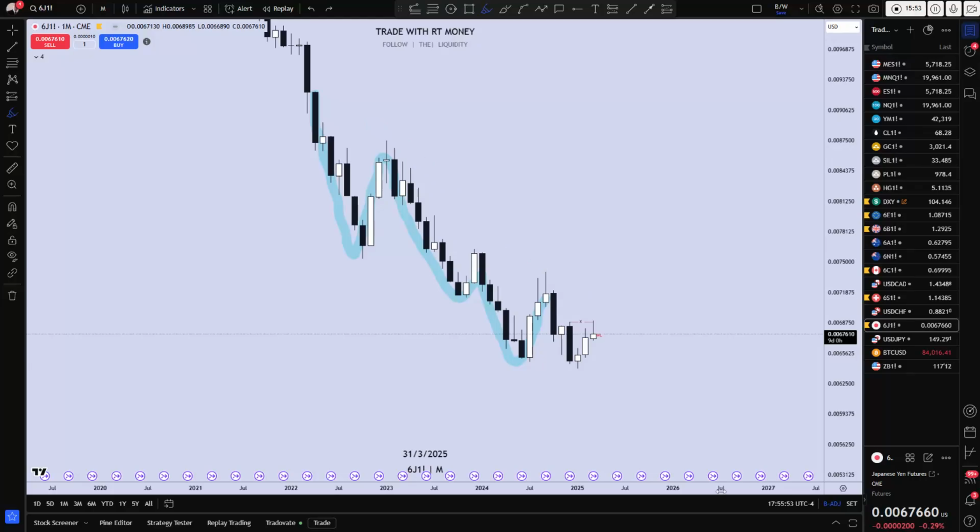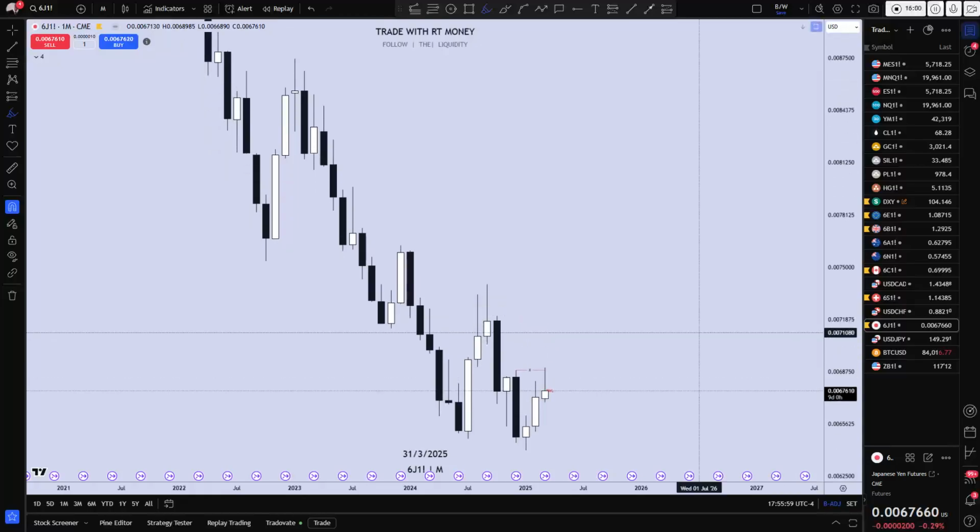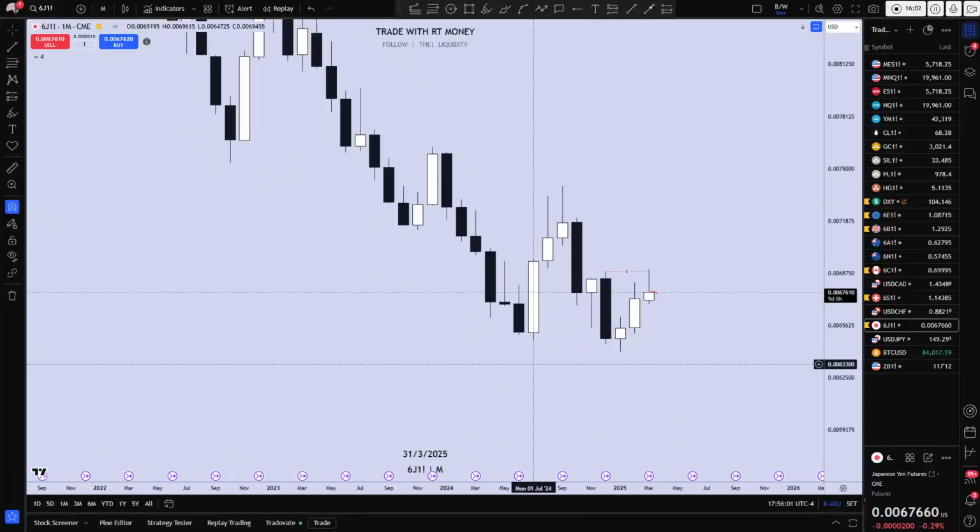You know that the BOJ has been solidifying their economy over there, and they raise interest rates, and they are trying to bring the value up. Also, there's the safe haven that everybody in the world runs to. This is the number one safe haven of the world, the US dollar being the number two.